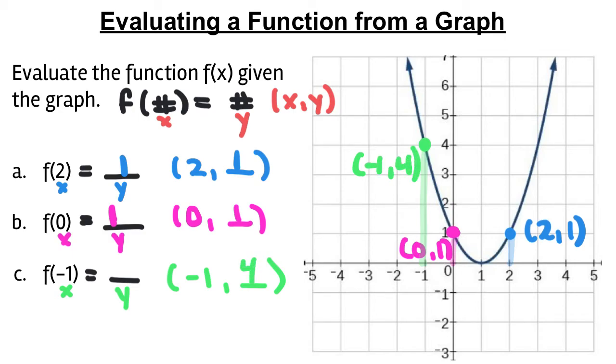So since it's negative 1, 4, my value of f of negative 1 is 4. So in conclusion, we can say that f of 2 has a value of 1, f of 0 has a value of 1, and f of negative 1 has a value of 4.